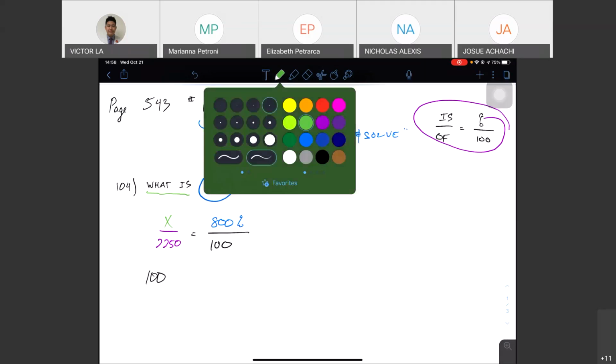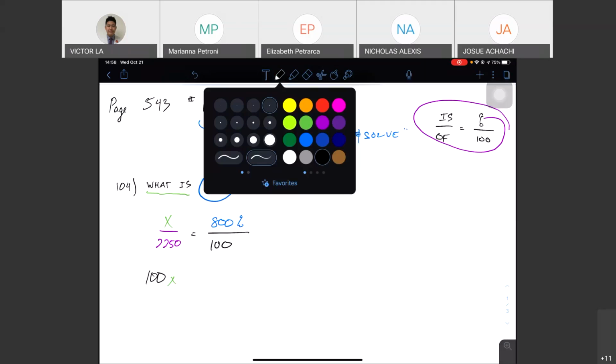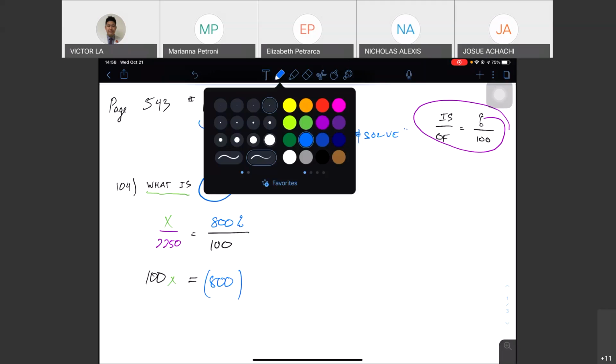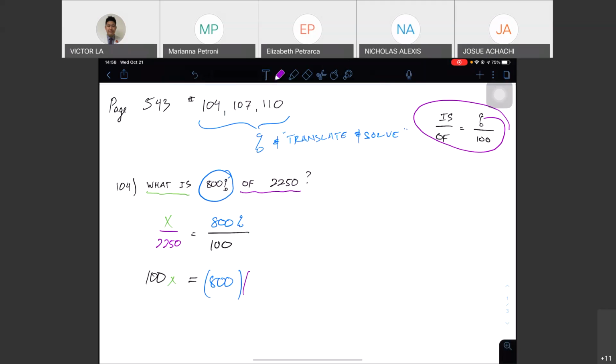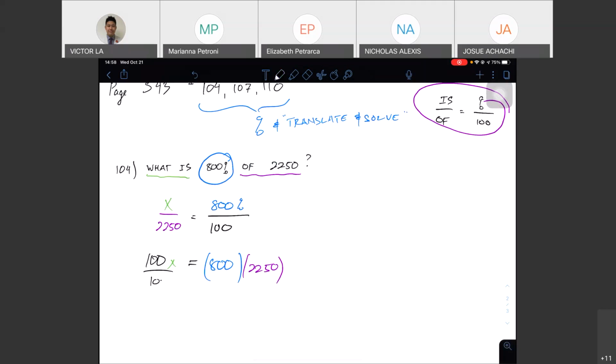Then you get 100x equals 800 times 2250. And then, of course, you divide both sides by 100, and you get your answer, which was, in this case, 18,000.